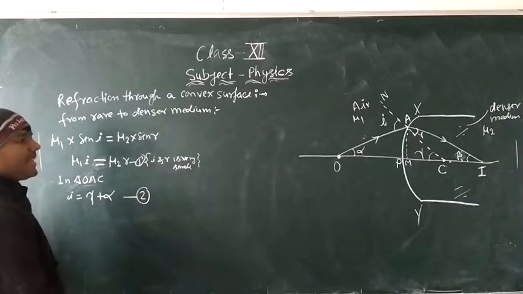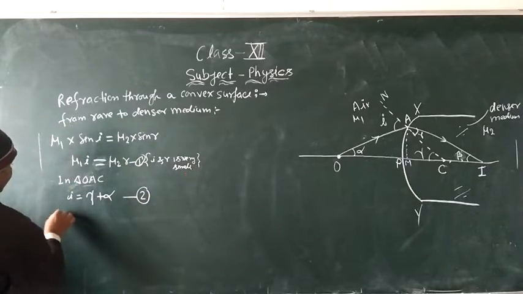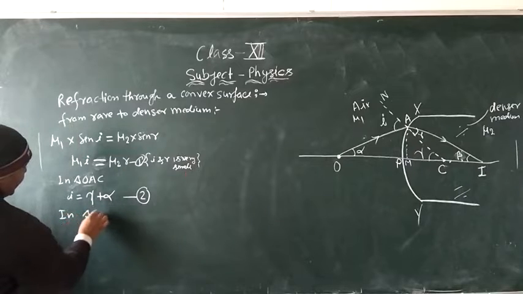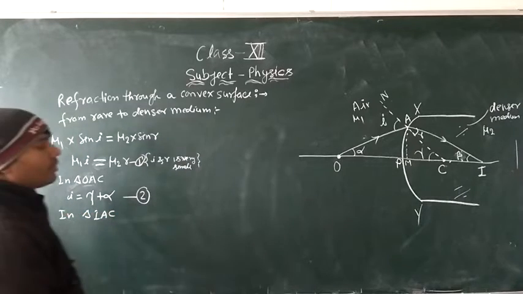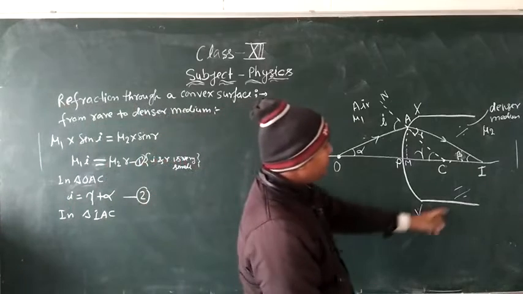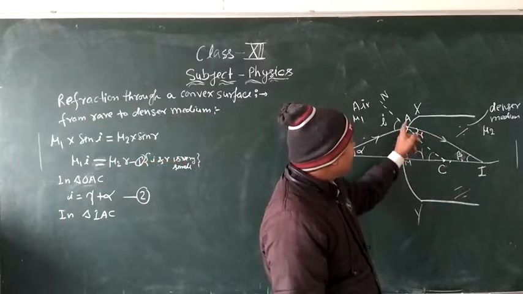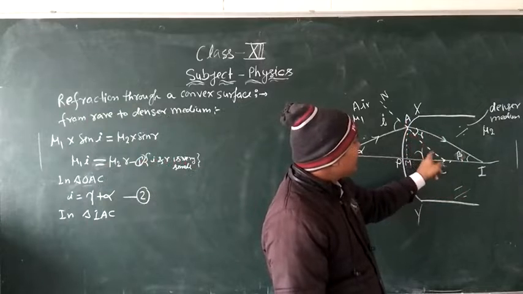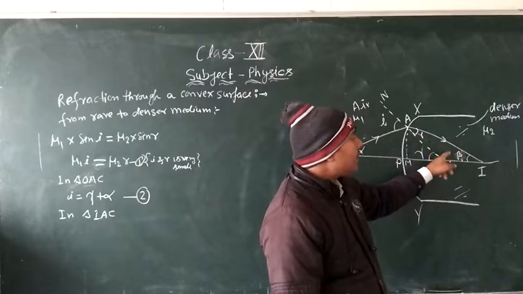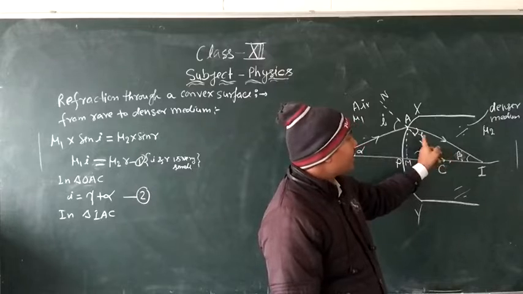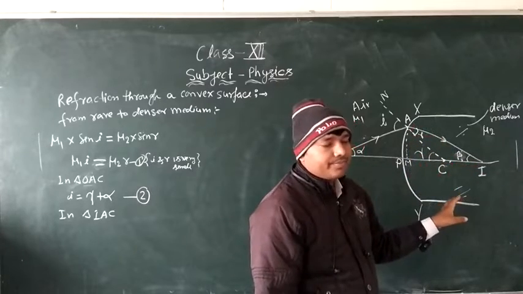And this is equation number 2. In triangle IAC, R and beta are the interior angles and gamma is the external angle.